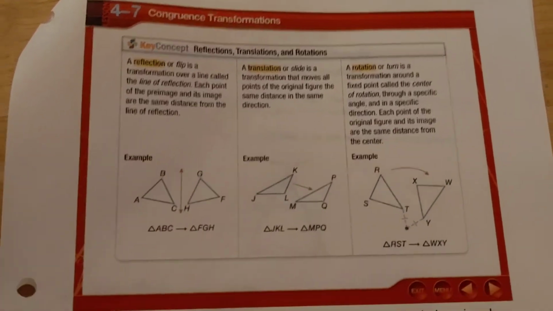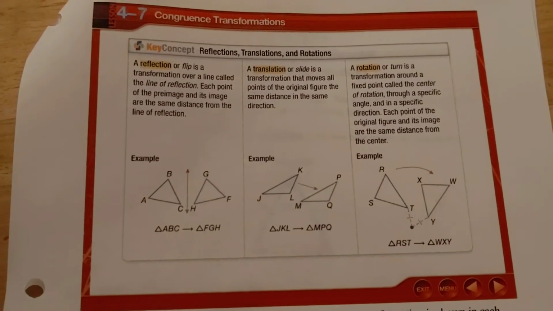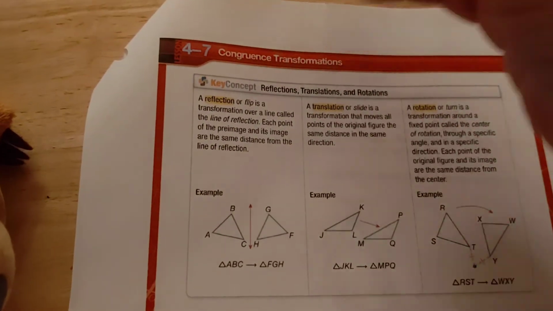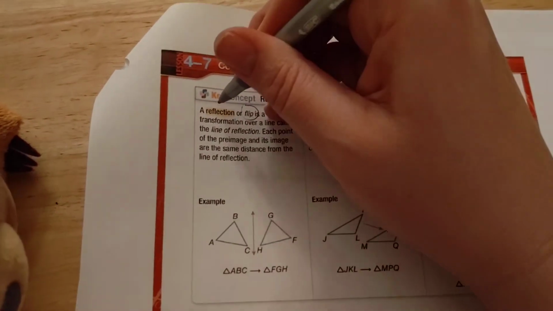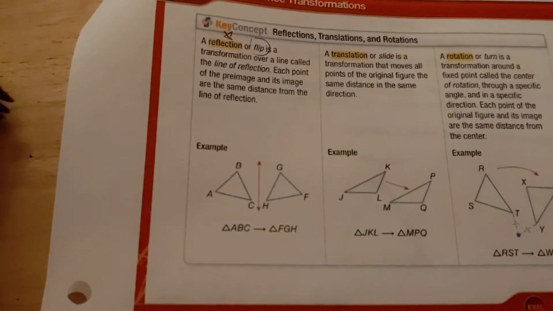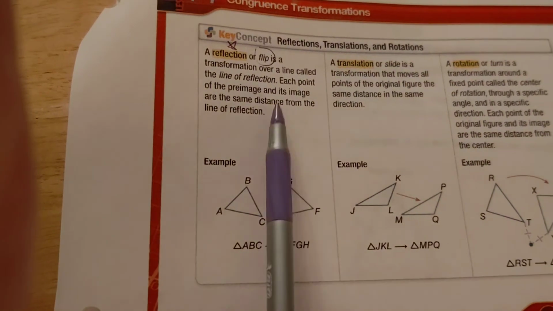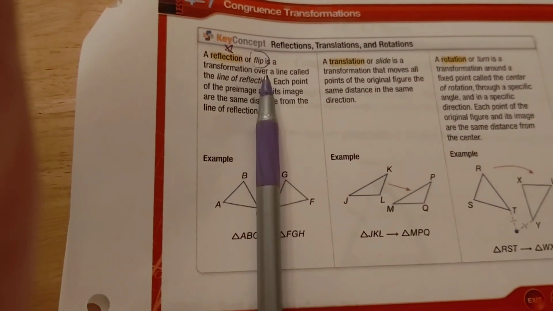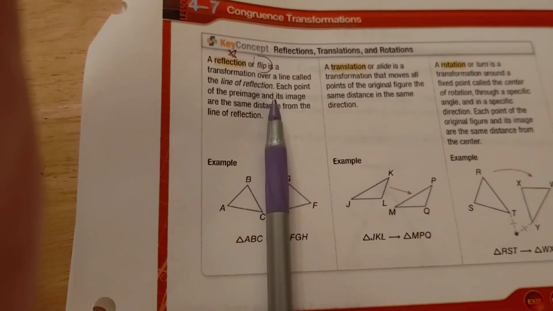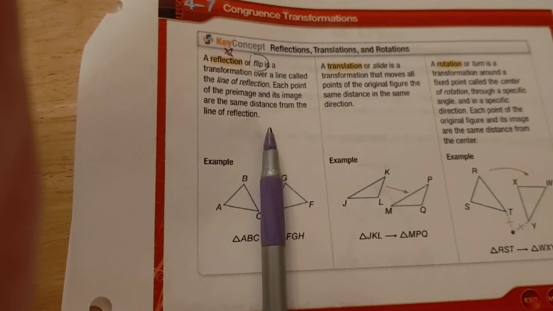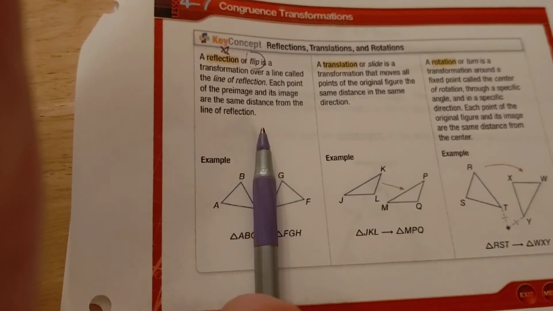Again, you're familiar with the reflection, also known as a flip. Reflection is the more formal term, a transformation over a line called the line of reflection. Each point of the pre-image and its image are the same distance from the line of reflection.